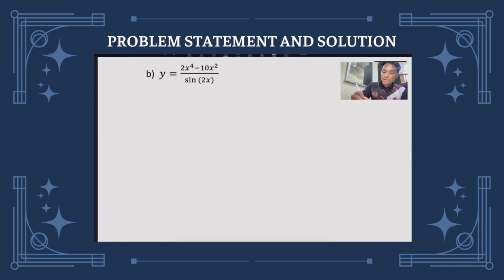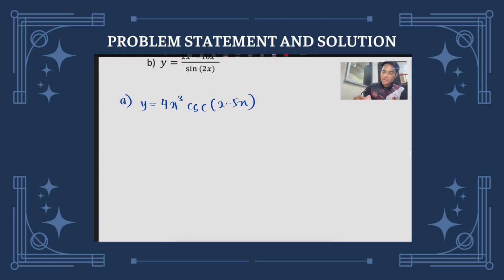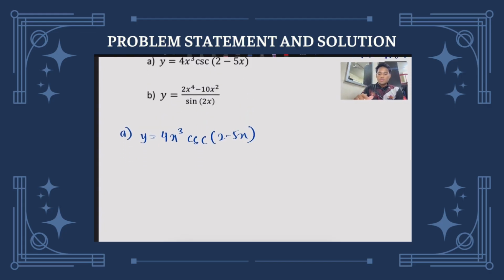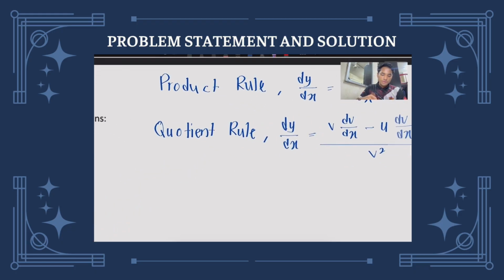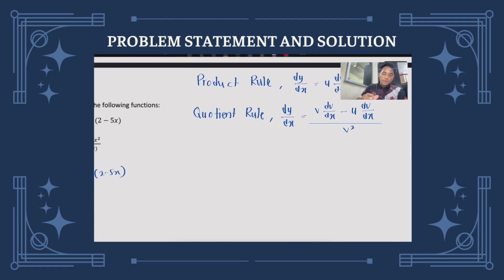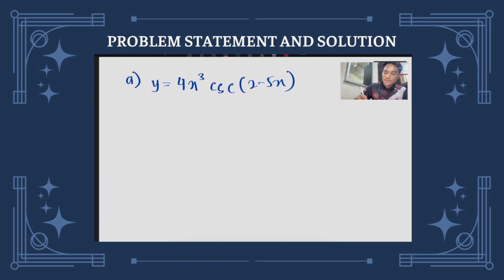For question 2, we want to find dy over dx for the following functions. For question A, we have y equals 4x to the power of 3 times cosecant of 2 minus 5x. For 2a, you should use the product rule. First, you should find u and v.